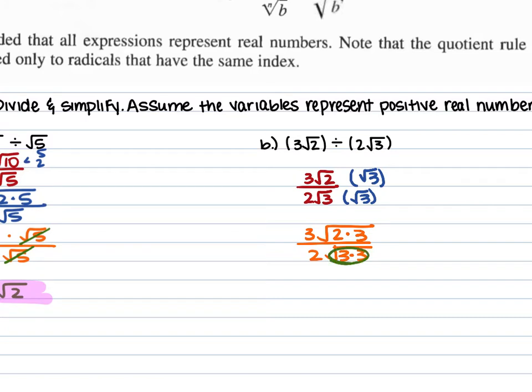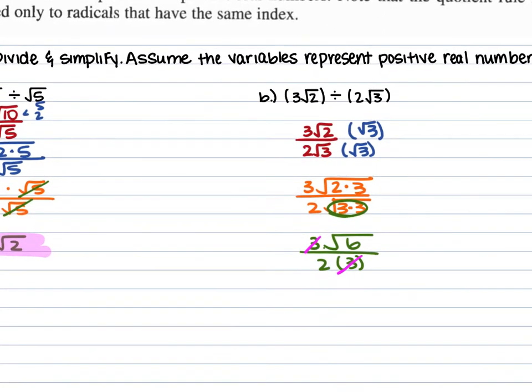Our group of 2 3's pair up, so this becomes 3 times the square root of 6 over 2 times 3. The 3's would cancel. You could also multiply the 2 times the 3 to get 6. It would still simplify from there, so this just leaves us with the square root of 6 over 2.